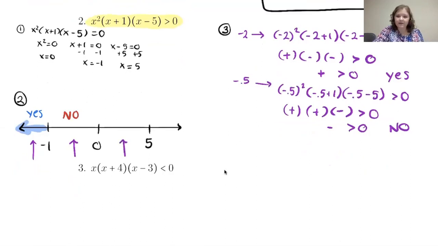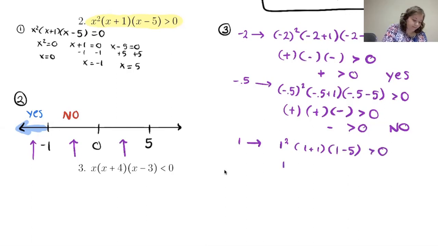Next, we'll pick something between 0 and 5. I'll just pick 1 and plug it in. So 1 squared, you can put the parentheses there, but there's no negative, so it's not strictly necessary. It's fine if you do. 1 squared, and then 1 plus 1, and then 1 minus 5 is greater than 0.